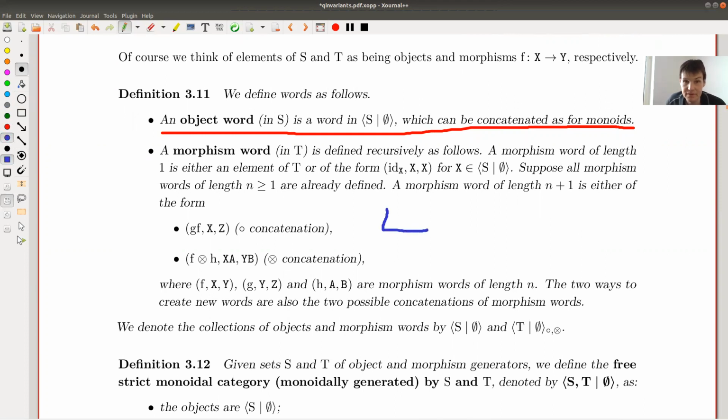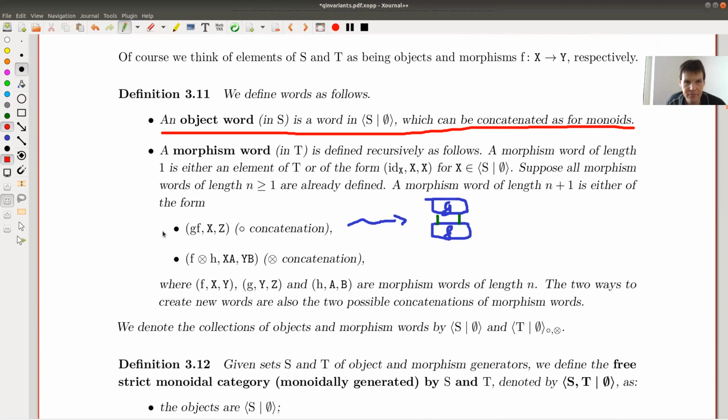You can have your morphism f, and this was the wrong way around, so let me try again. This one here is, you have your morphism f that you've already generated, and you have a morphism g, and you can stack them together into a new morphism fg.